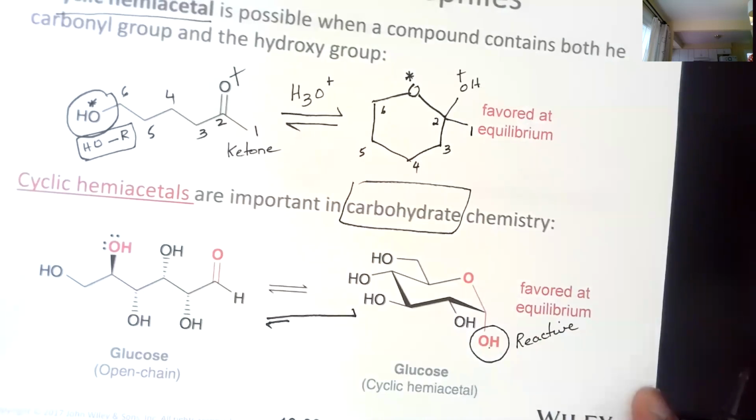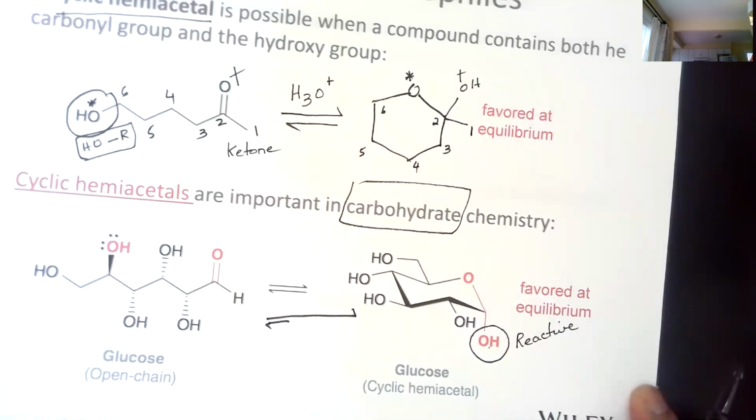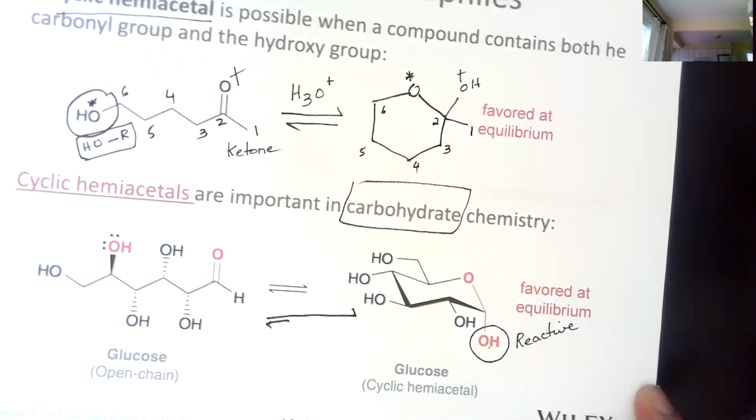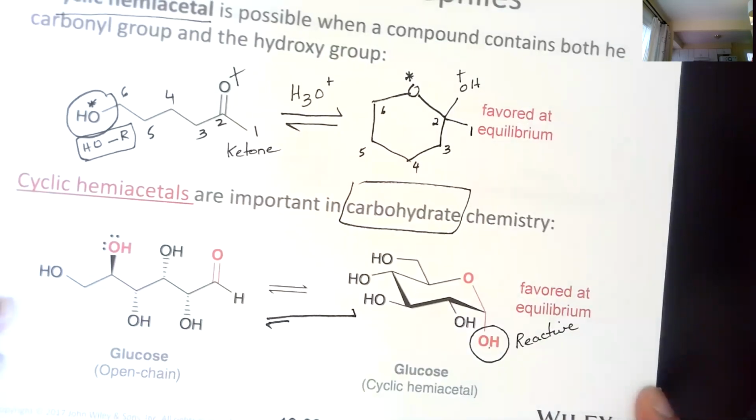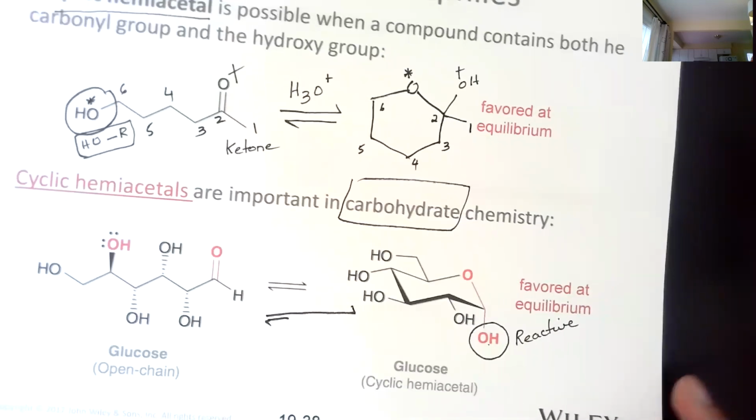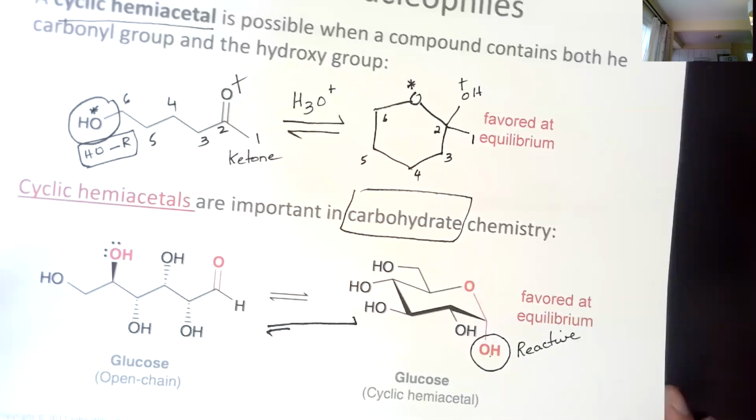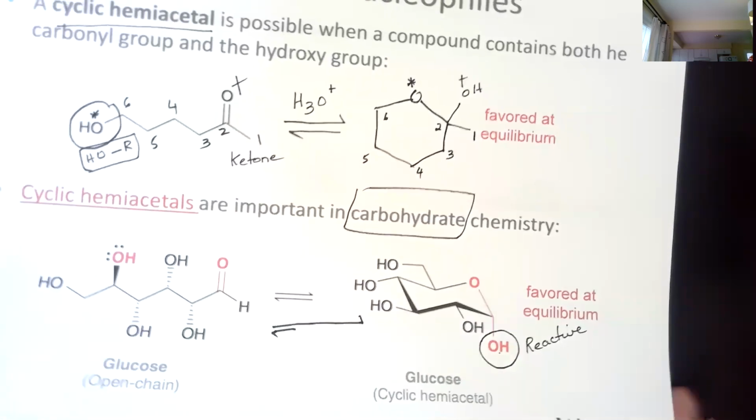All right. So as long as you know the mechanism for it and know how they are used as groups for protecting the carbonyl of an aldehyde or a ketone in reactions, that should be sufficient for you, okay?